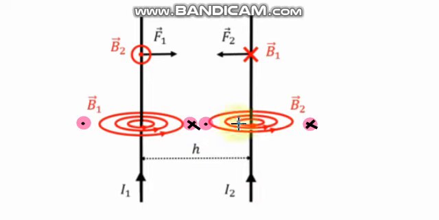So if I represent this cross where the field is entering the page by the south pole, and the other, this one, by the north pole. Here the field is leaving the page, so I denote this dot by the north pole.